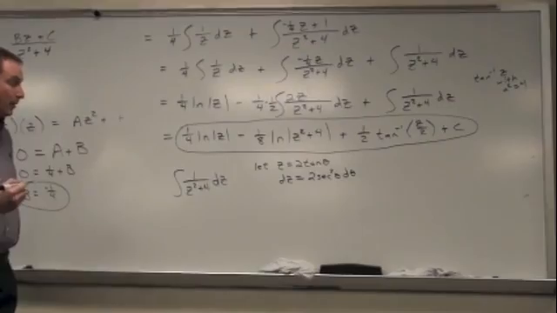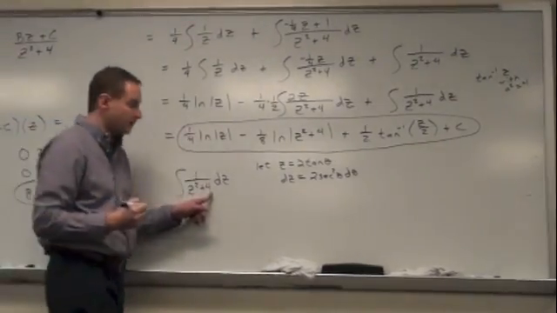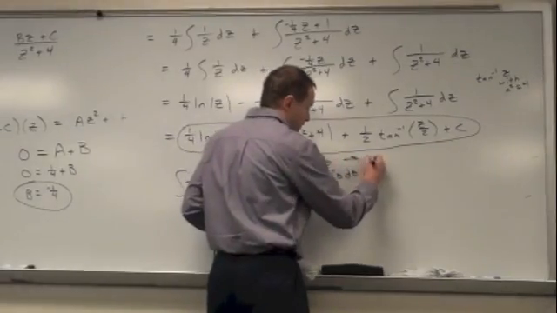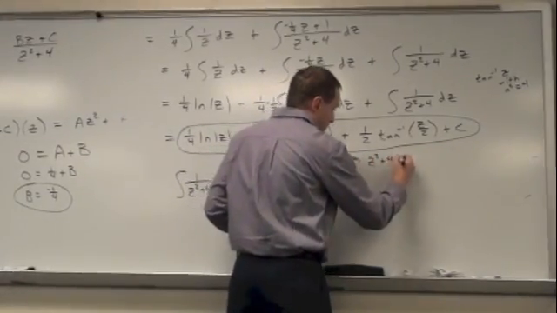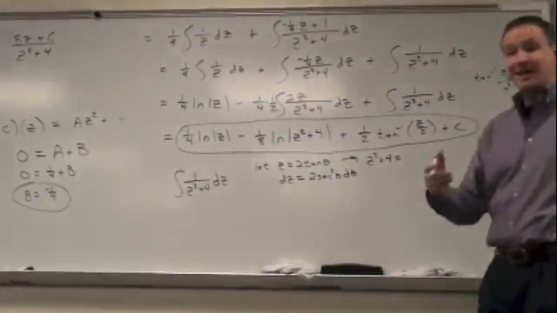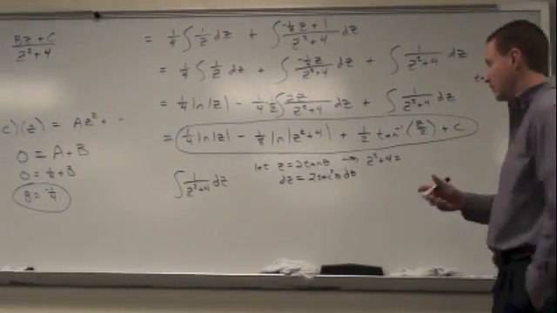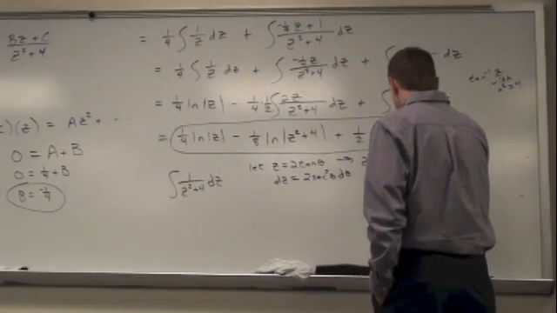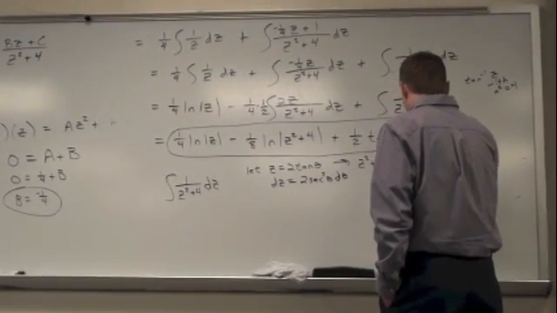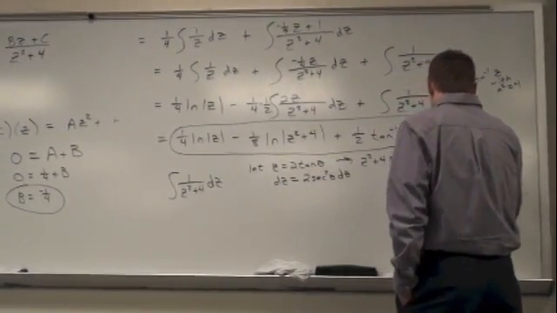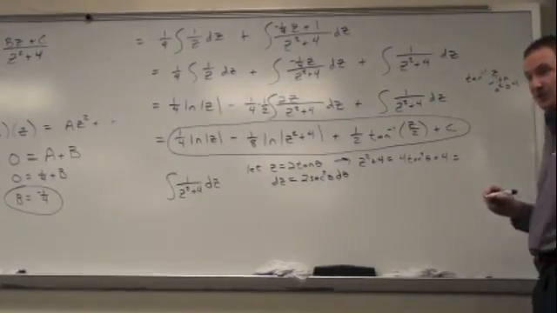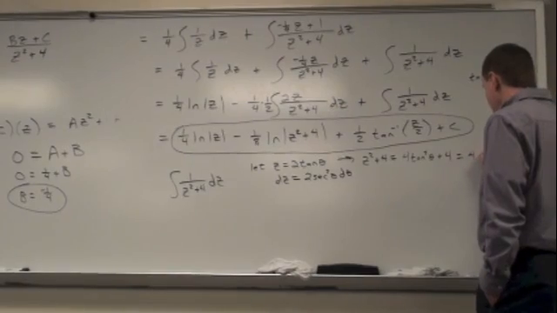And so now I know z squared plus 4 would be 2 tangent theta squared, 4 tangent squared theta, plus 4. That's going to give me 4 times tangent squared theta plus 1, 4 secant squared theta.